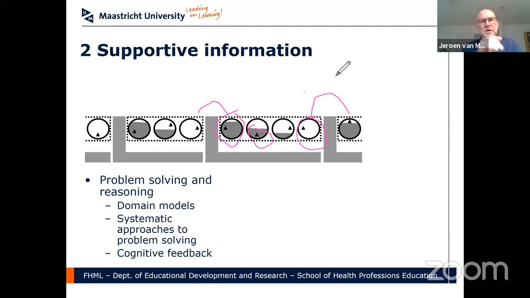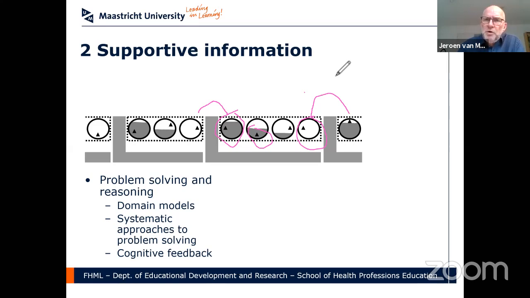When we look at the schematic representation, this supportive information is indicated by this L-shaped figure, showing that we can present the supportive information before students start to work on the learning tasks, or we can make it available to students while they are working on the learning tasks.